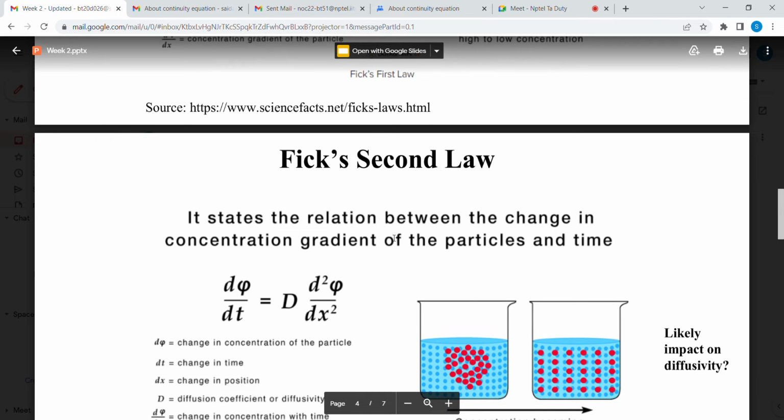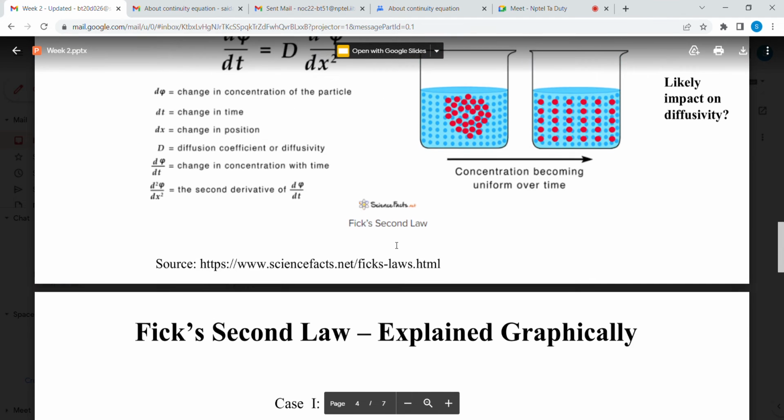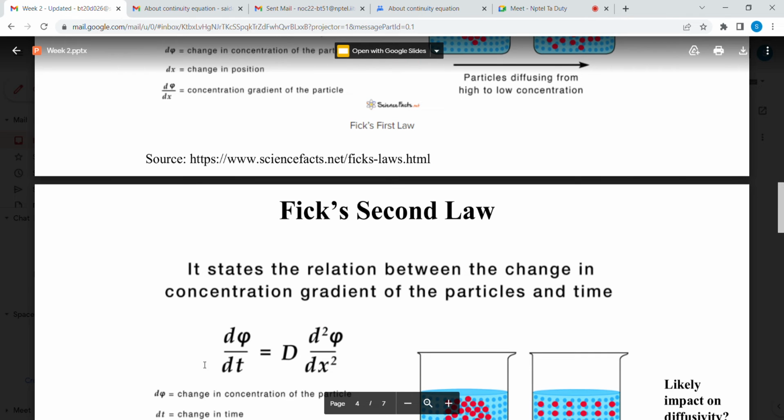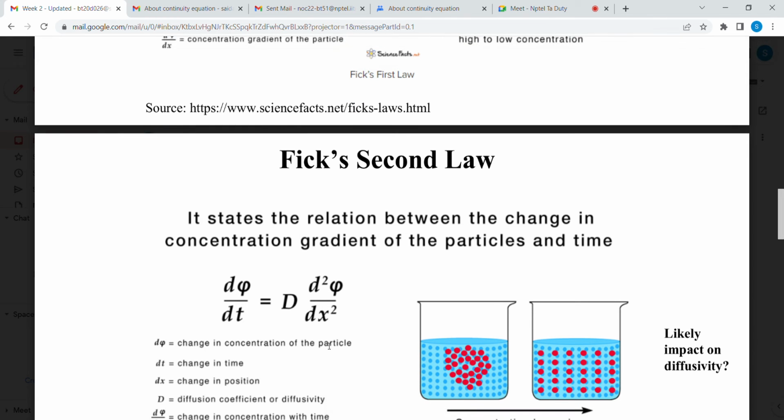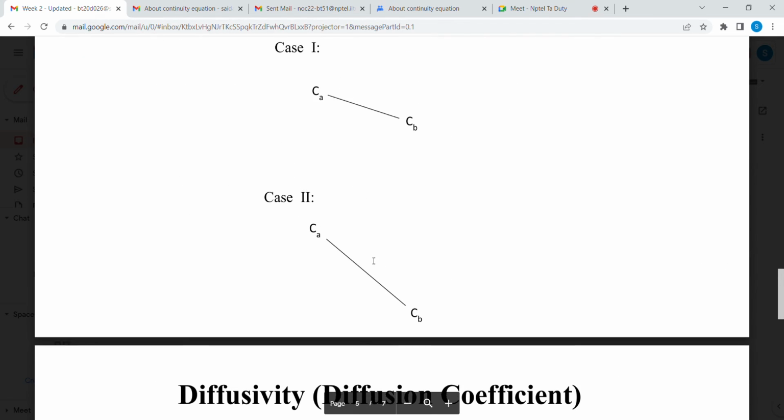If you just mug up this equation mechanically, you can substitute the assumptions of steady state, unsteady state, or pseudo steady state, and you can solve the question. You will get the answer mechanically. But if you want to understand it intuitively, you just need to look at this graph. That's all. It's very simple.